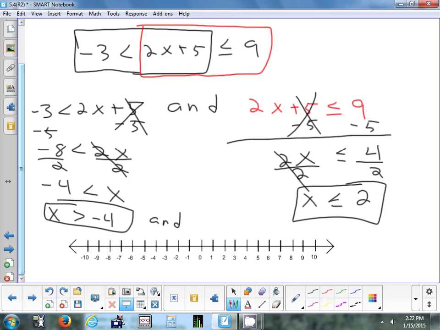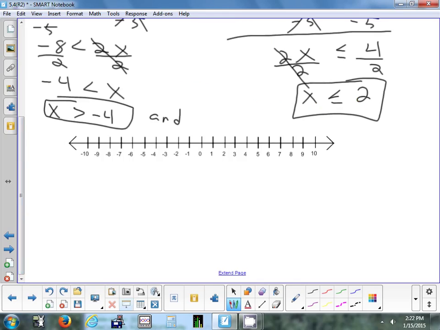That's where the 2 things do what? They cross over. That's not a crossover. Open circle on 4. Isaiah, what kind of circle on 2? Closed. And since they're pointing at each other, you're graphing the overlap.